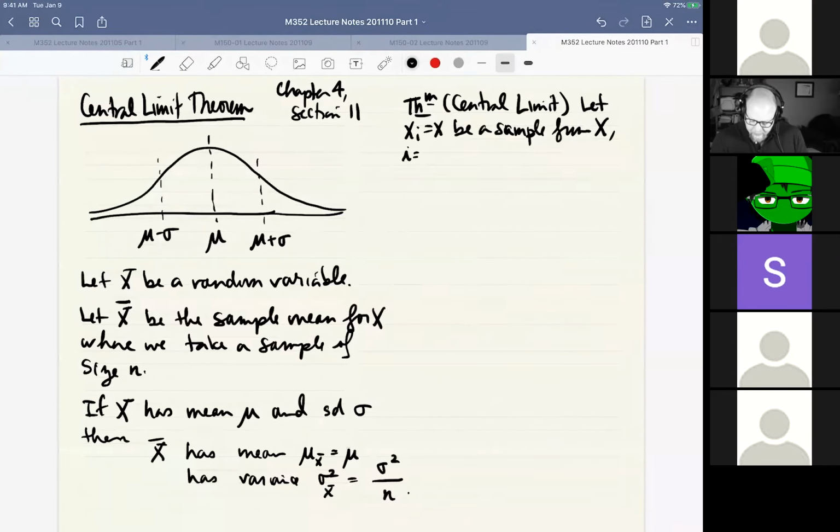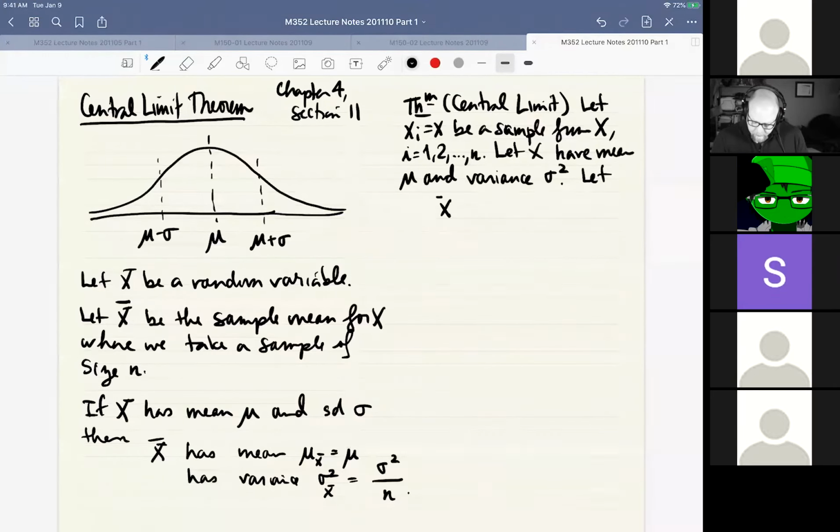And here i goes from 1 to n. So we've got a sample of size n. Let x have mean mu and variance sigma squared.